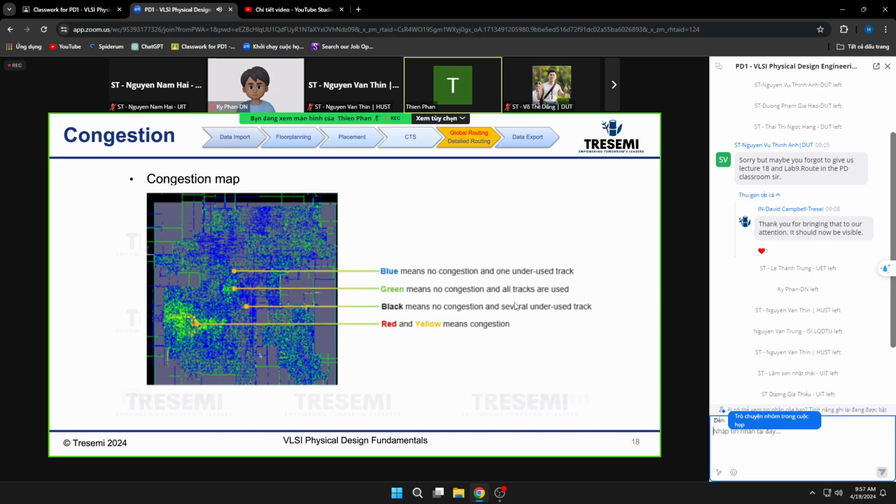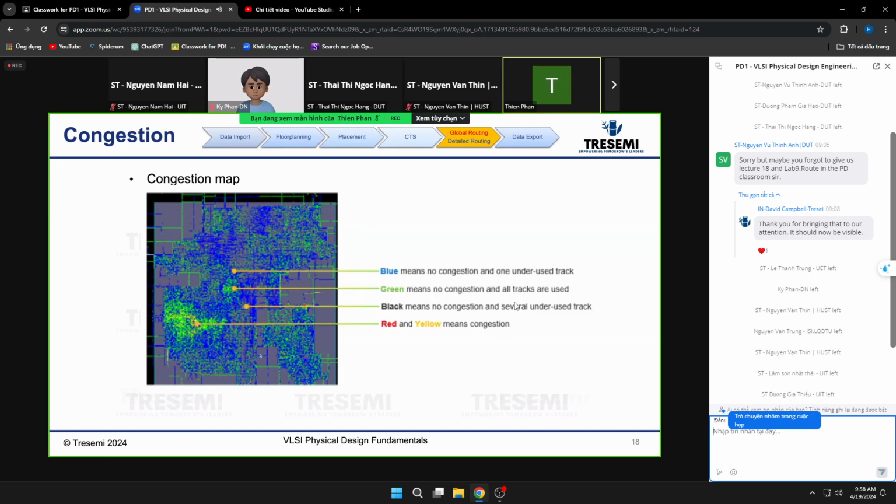Because that table only gives you the number. It doesn't tell you where it is, whether that is global, whether it happens at a certain corner, whether it is next to a memory.